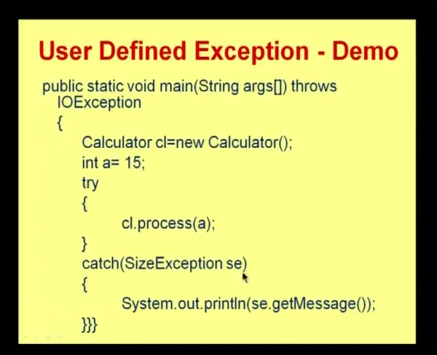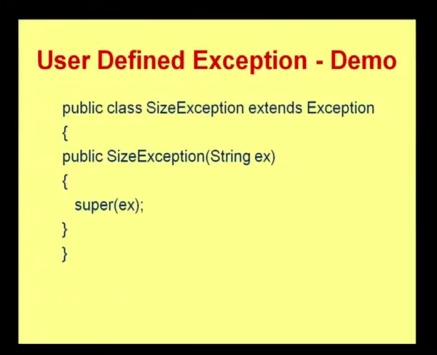Whatever exception is thrown will be caught, and then I call getMessage. This getMessage is a getter method. In the exception class you always have a variable called message. That message variable will be assigned a value whenever I construct an exception; the exception's message value is set automatically during construction. Then getMessage returns the message that has been set in your base class Exception.